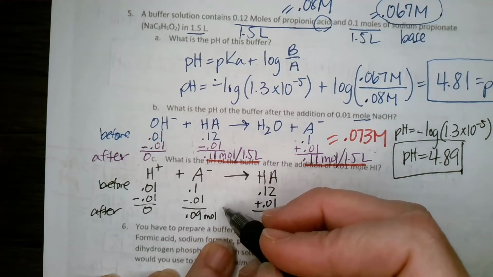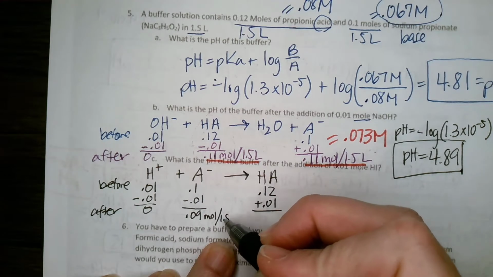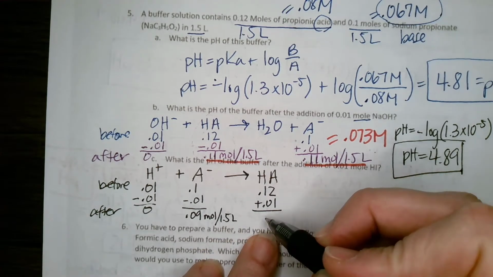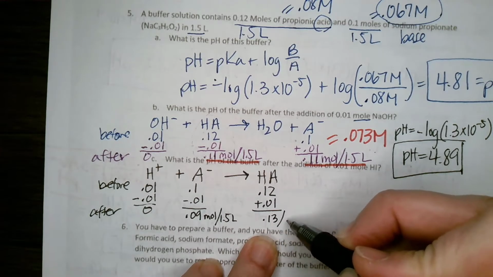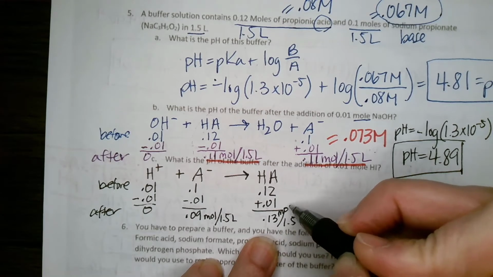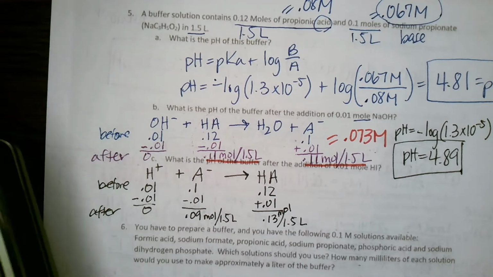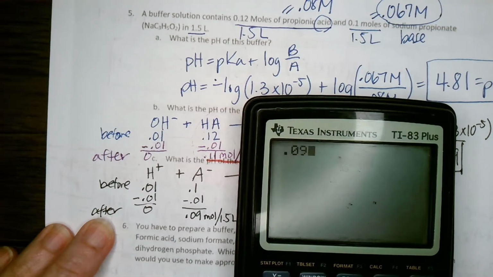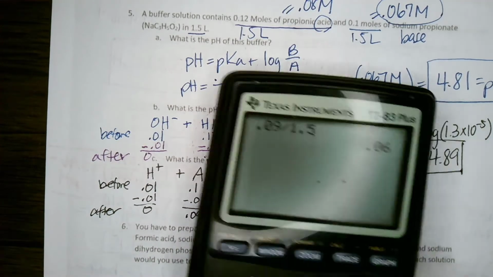And now to get that concentration, we do need to divide it by 1.5 liters. So this will give us 0.13, and that's moles divided by 1.5 liters. All right, let's find our concentrations here. Then we can plug it into our Henderson-Hasselbalch. 0.09 divided by 1.5, so 0.06.